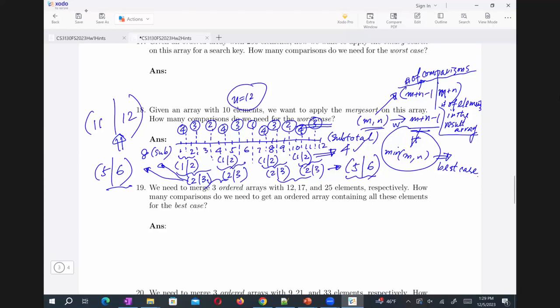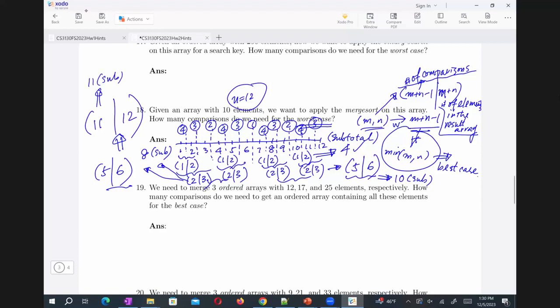Then this round, 5 and 5, so 10 subtotal. And the last round, 11 subtotal.